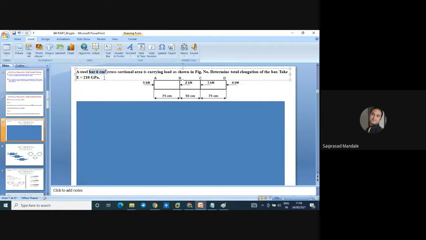So 210 into 10 raised to 3 MPa means how much Newton per mm square? 210 into 10 raised to 3 Newton per mm square.